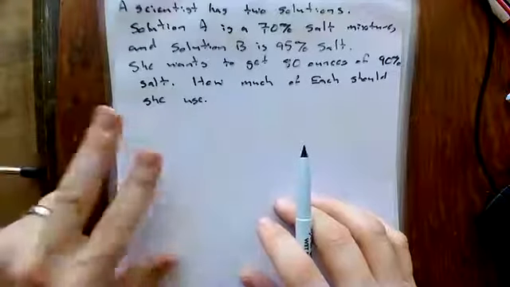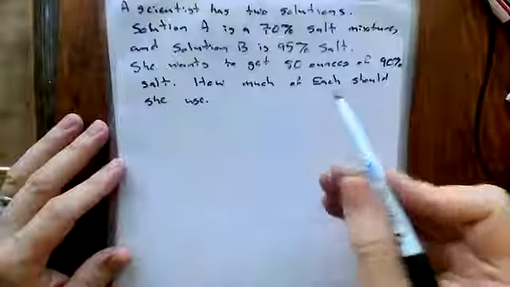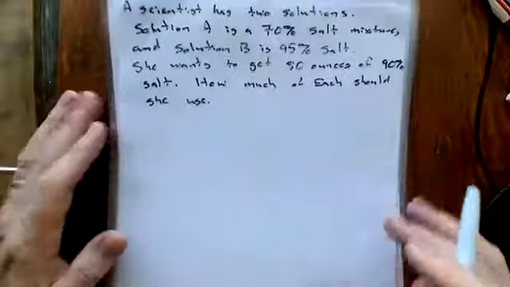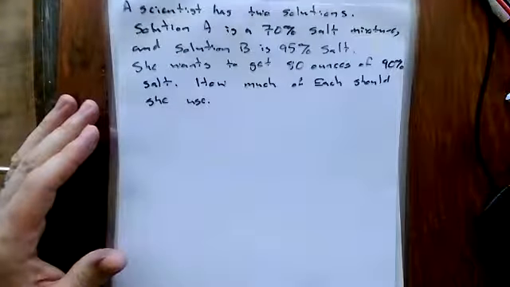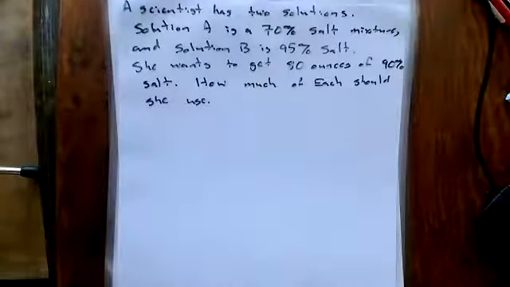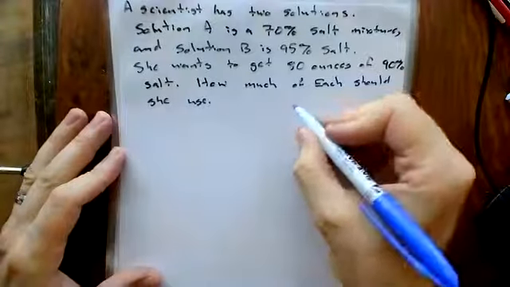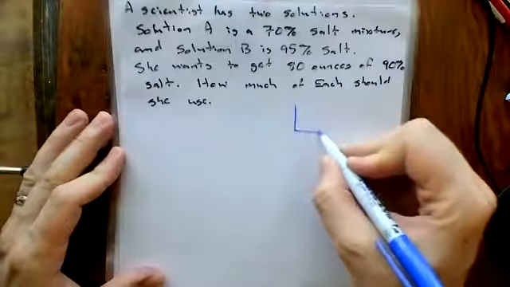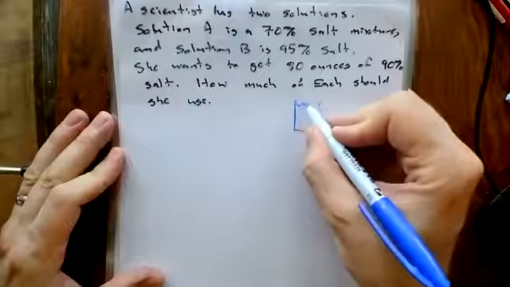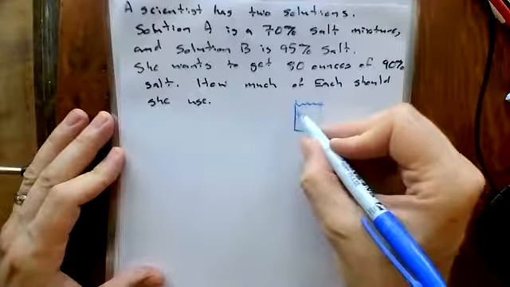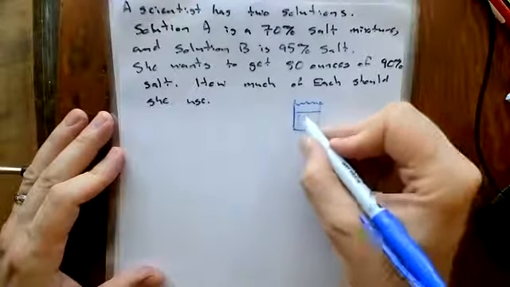One of the things that I like to talk about here is we're going to use two different equations. The first one is going to be pretty straightforward. It's like I've got two different beakers. I don't know what their volume is, but in beaker A, I've got some level of stuff, and 70% of that is salt.